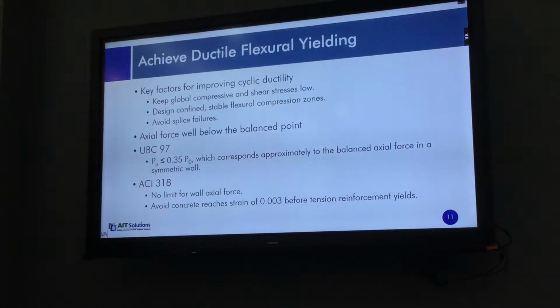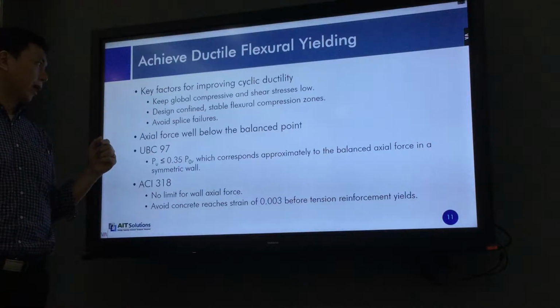That means you provide good vertical reinforcement to satisfy the moment demand and shear reinforcement to resist the shear demand, so you have good strength capacity of the wall. But if you do not provide proper splices of the vertical reinforcement during construction, those splices can fail during cyclic loading. So you have to provide proper splices.